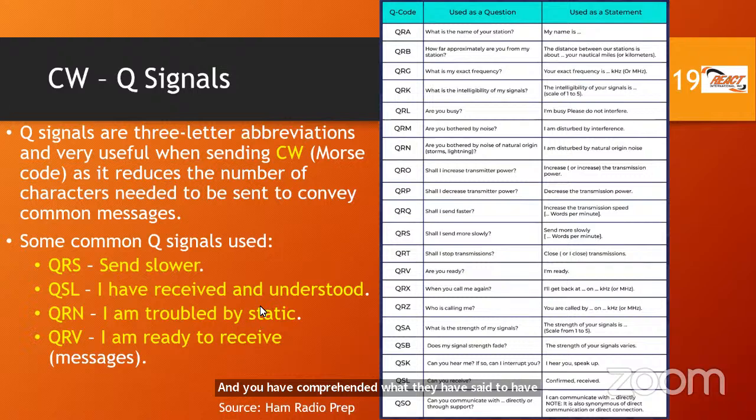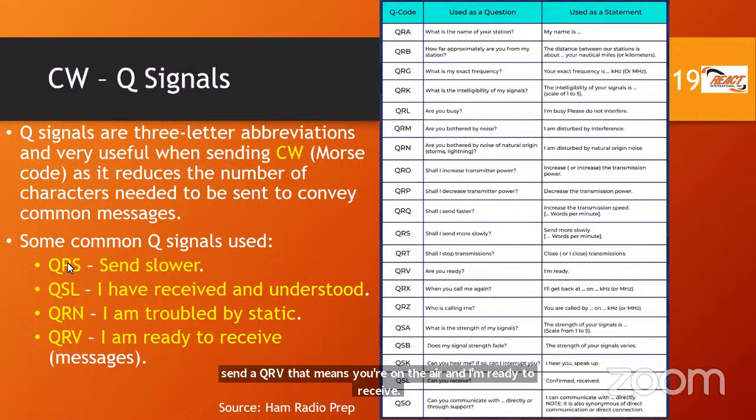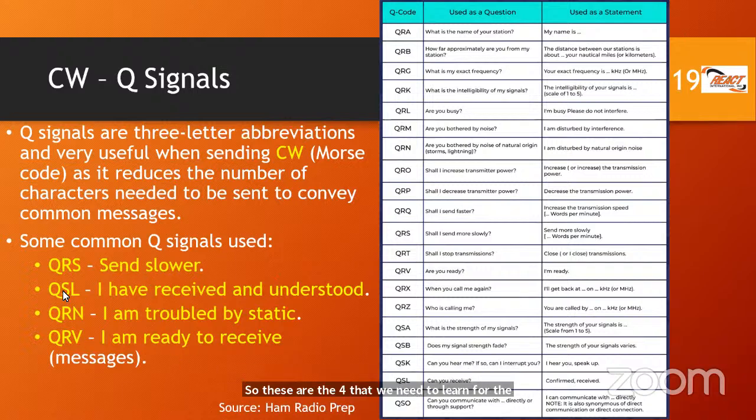What that means is that you're receiving static, you're hearing static on their transmission. So you tell them QRN. And when you are on the air, you are on frequency and you are ready to receive messages, you send a QRV. That means you're on the air and I'm ready to receive. So these are the four that we need to learn for the exam. QRS, send slower. QSL, I've received and understood. QRN, I'm troubled by static. And QRV, I'm ready to receive.